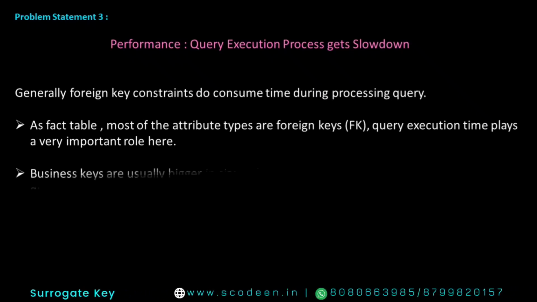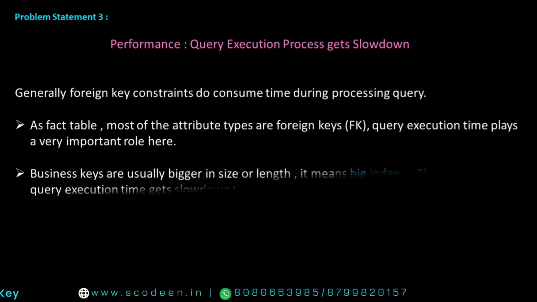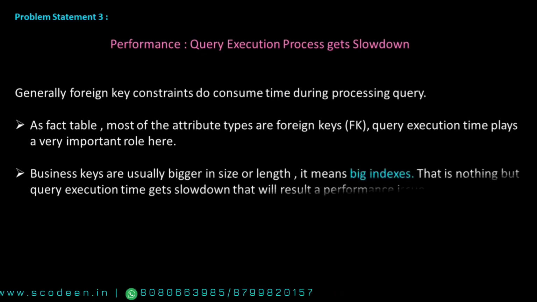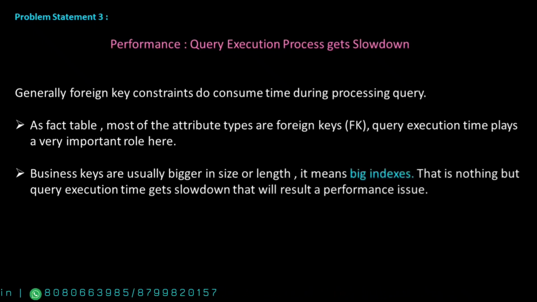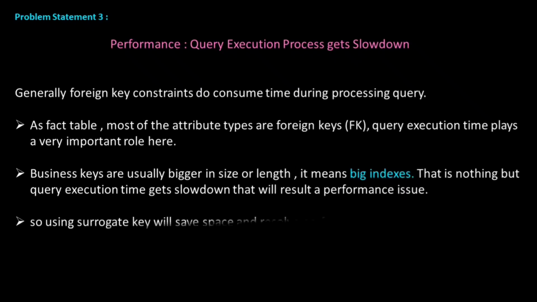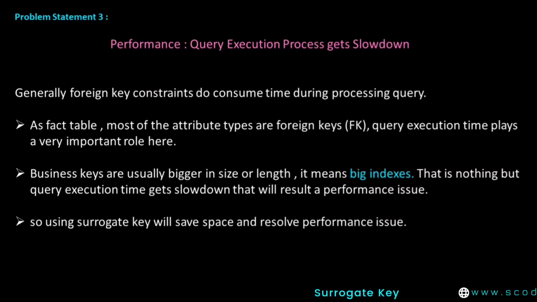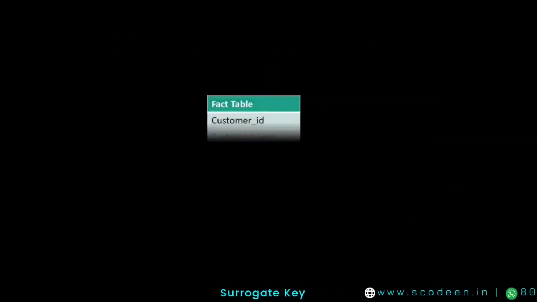Business keys are usually bigger in size or length. It means a big index, which means query execution time gets slowed down. That will result in a performance issue. So if we use a surrogate key, then definitely space will be saved and performance will be improved.